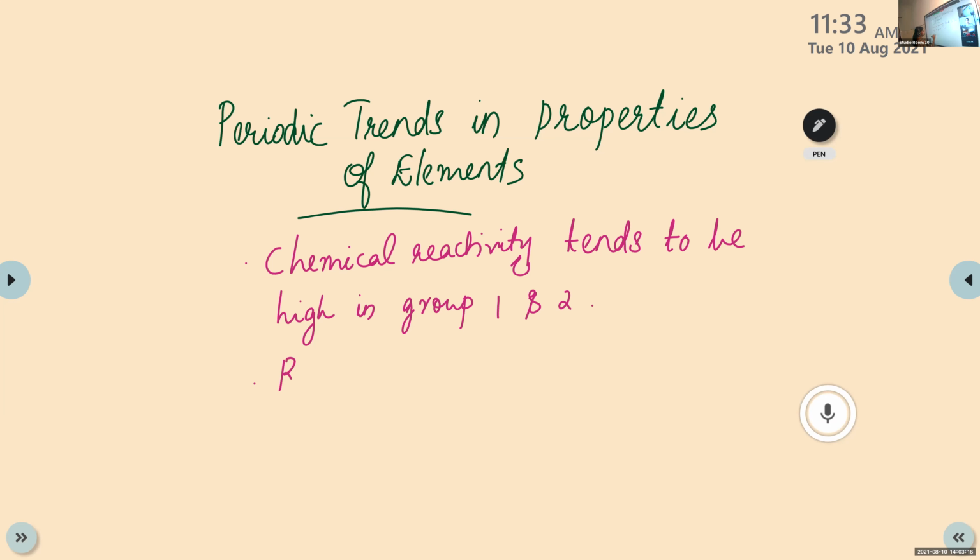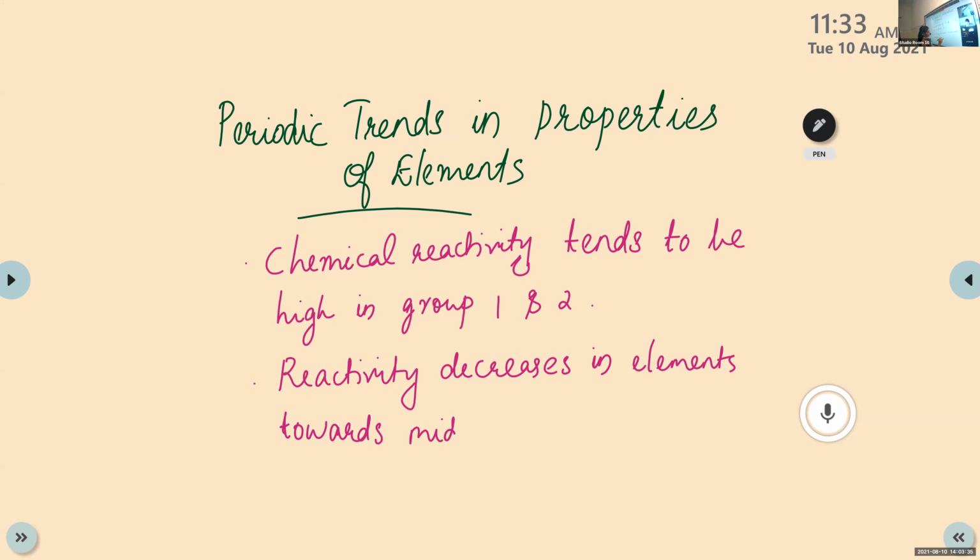Then this reactivity decreases in elements towards the middle of the periodic table.